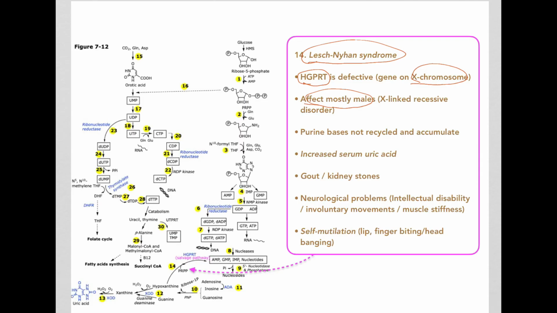Since the purine bases are not recycled, they will accumulate, and that will lead to their catabolism into uric acid. So in these patients with Lesch-Nyhan syndrome, we see elevated serum uric acid, and as mentioned earlier, that can lead to precipitation in various parts of the body, leading to inflammation and the disease gout. And in the kidneys, this uric acid can precipitate and form stones.